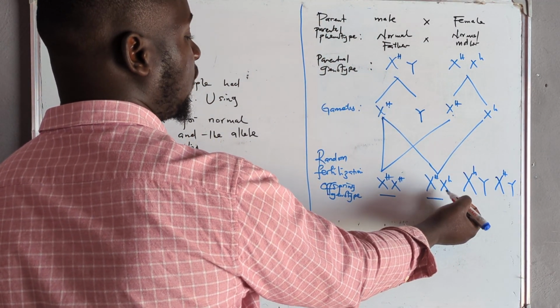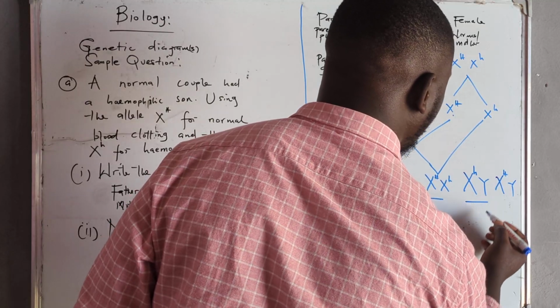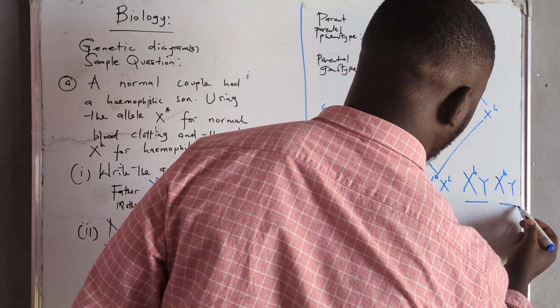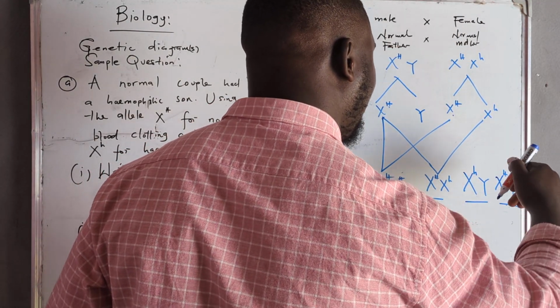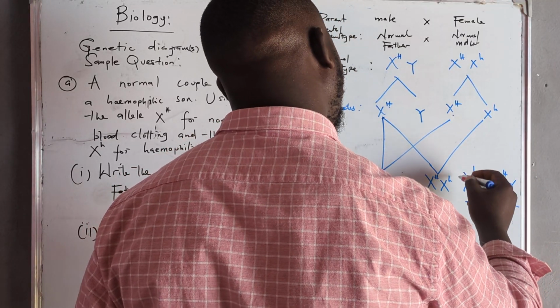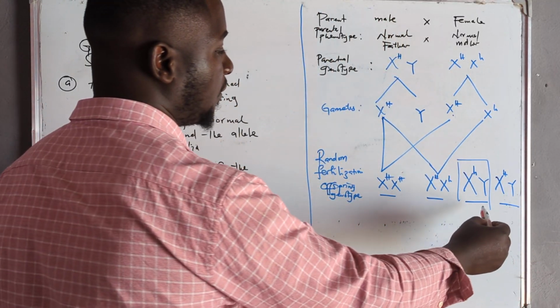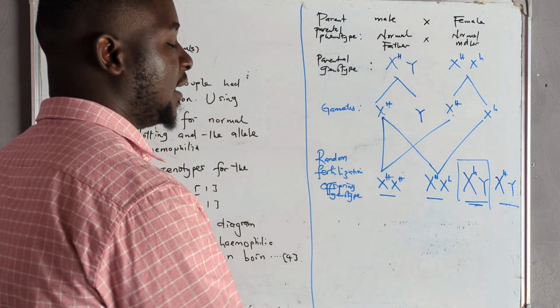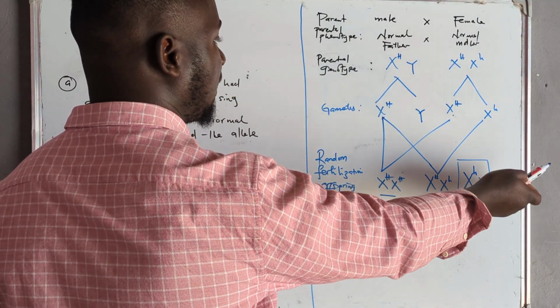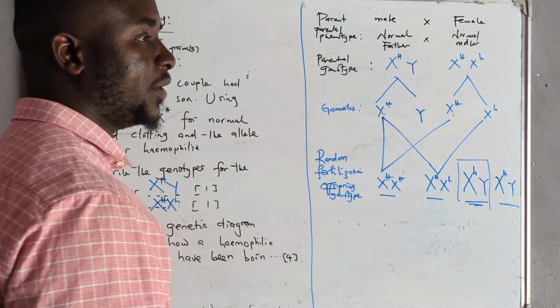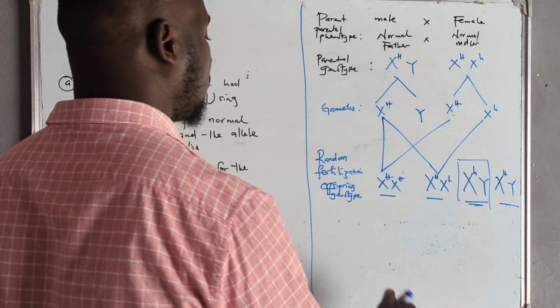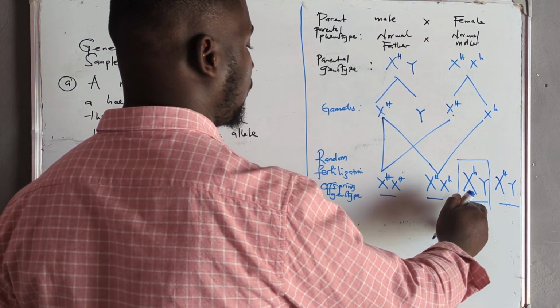She has the small h there. This baby here is male, and this baby is male. So this is baby male normal. This is baby male hemophilic. Okay? So this is the guy that's affected here. This one has a capital H, so just like the father, is also normal there. So now, how many kids do we have in this case? So we have 1, 2, 3, and 4.